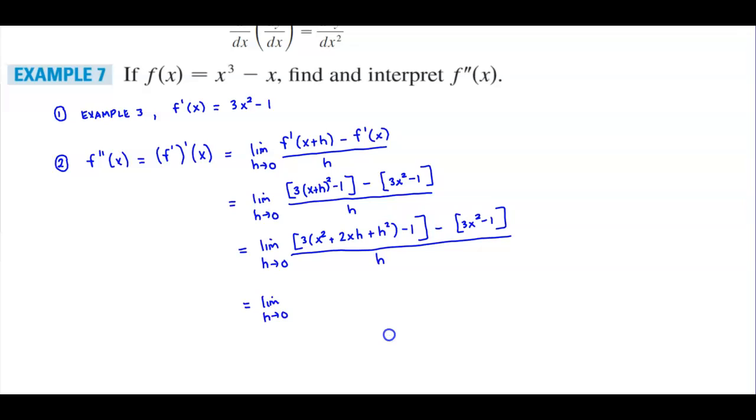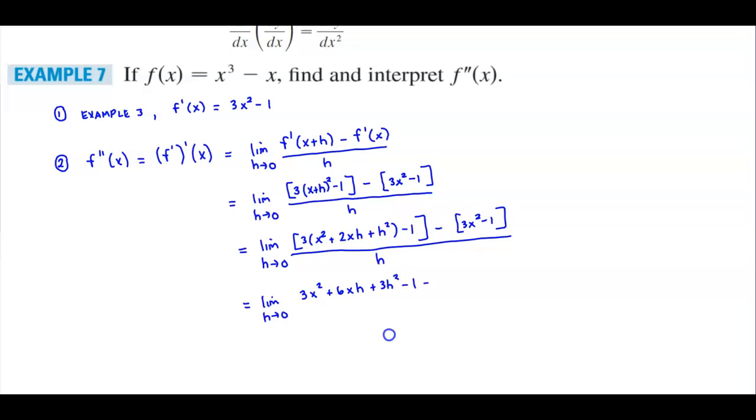Now let's distribute the 3. So we get 3x squared plus 6xh plus 3h squared minus 1.